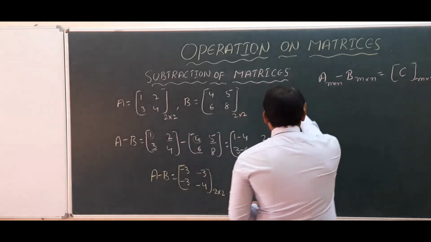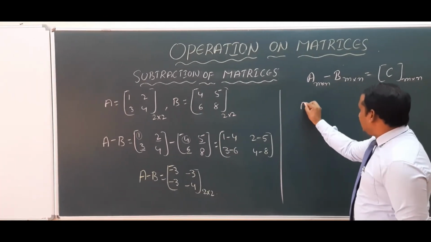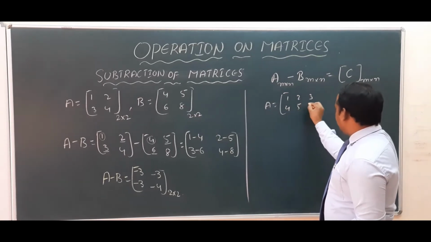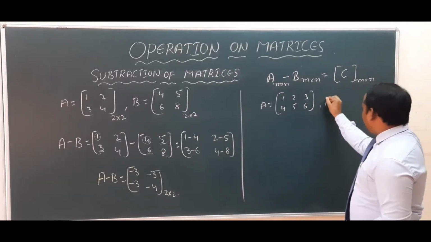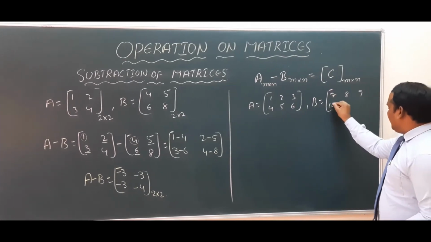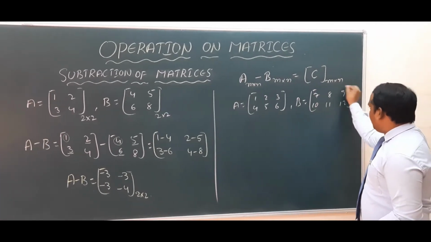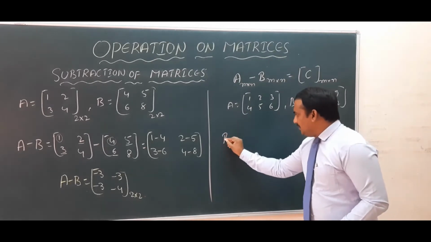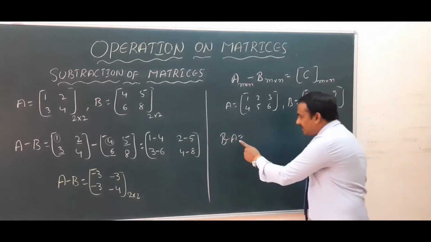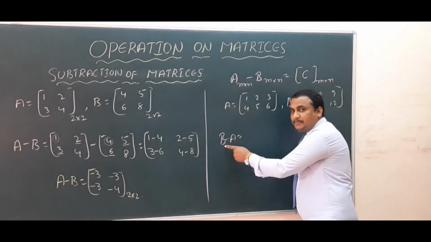We will check one more example. A equal to, I am writing here, 1, 2, 3, 4, 5, 6. Next, B equal to 7, 8, 9, 10, 11, 12. Now I am writing B minus A. When you are writing B minus A, the first matrix you have to write is the B matrix.